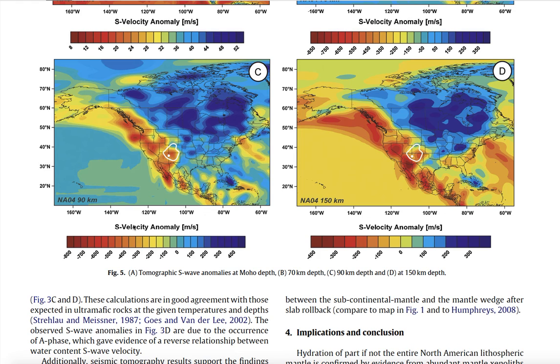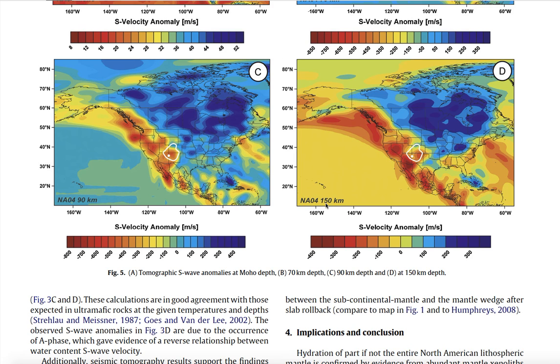Going down to a depth of 90 kilometers, we still have this dark orange field, minus 400 meters per second. There we are at a depth of 90 kilometers, in the upper part of the dipping mantle slab, and there we have a lot of hydrous phases, stable because it is not that hot.